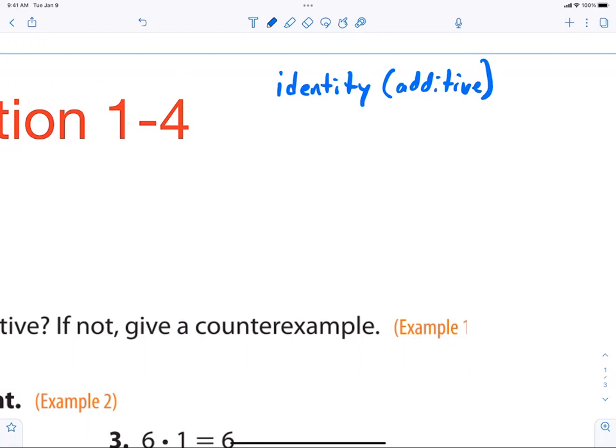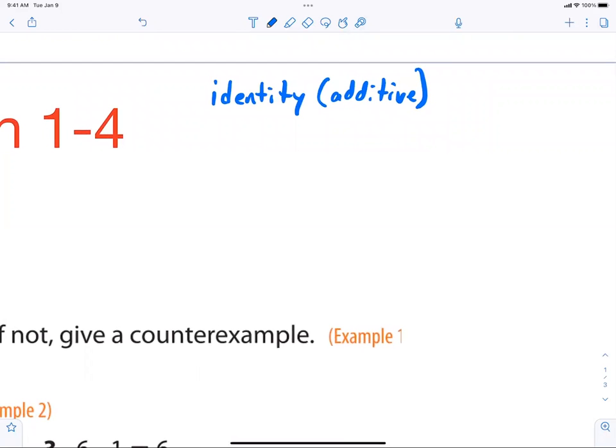What are we adding? Identity means you're staying the same. So what are you adding to stay the same? Yes, exactly. The additive identity is when you say A plus 0. A plus 0 is always equal to what? A. Exactly.